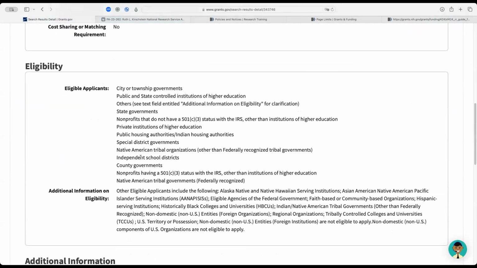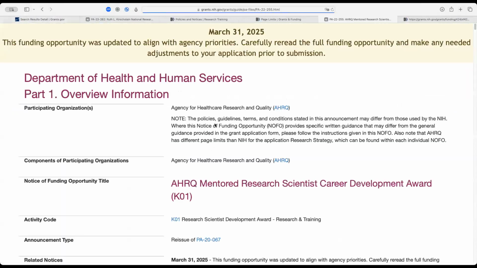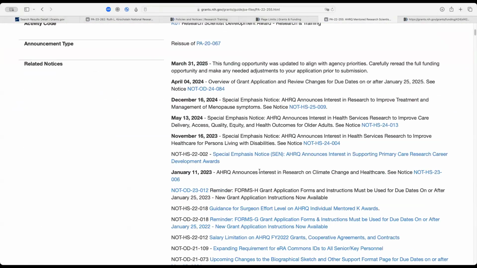Let me see if I'm or my institution meets the qualification. Why, yes, we are a private institute of higher education. Great. And we see that health services research needs, great, nice and broad. And we can look at that specific notice and see, okay, it's technically offered through the AHRQ, not NIH. That's okay. Close enough. Same SF 424.